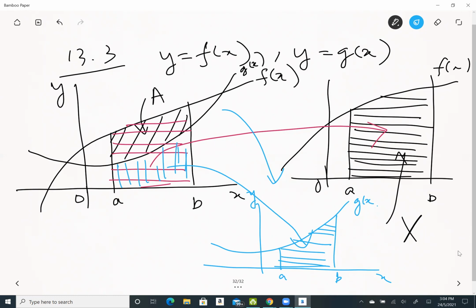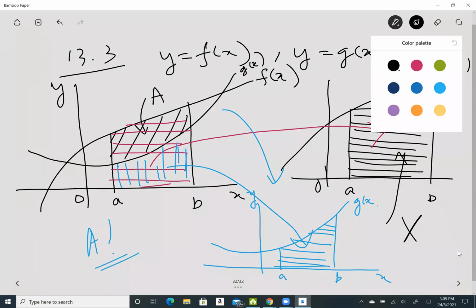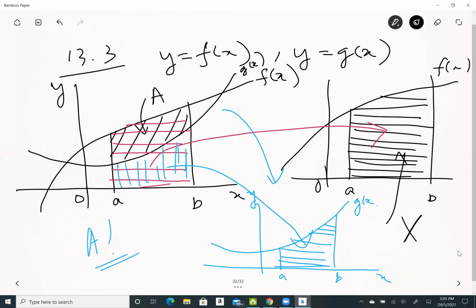And then the area under g is the whole area under the curve g until the x axis. So how do you get the area A? Okay, the question is how you get the A. Now you look at the graph, I draw the function. So tell me, how can you find the area A? Just tell me in terms of the area, okay? And then we can do the integration.